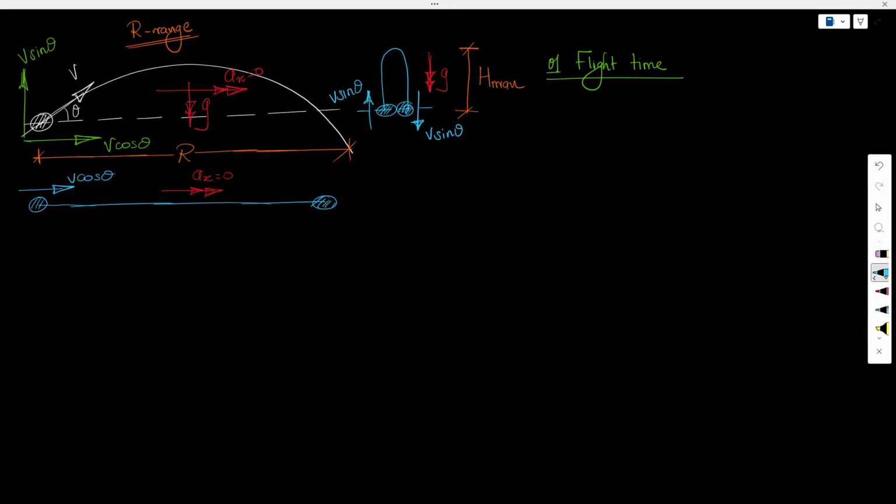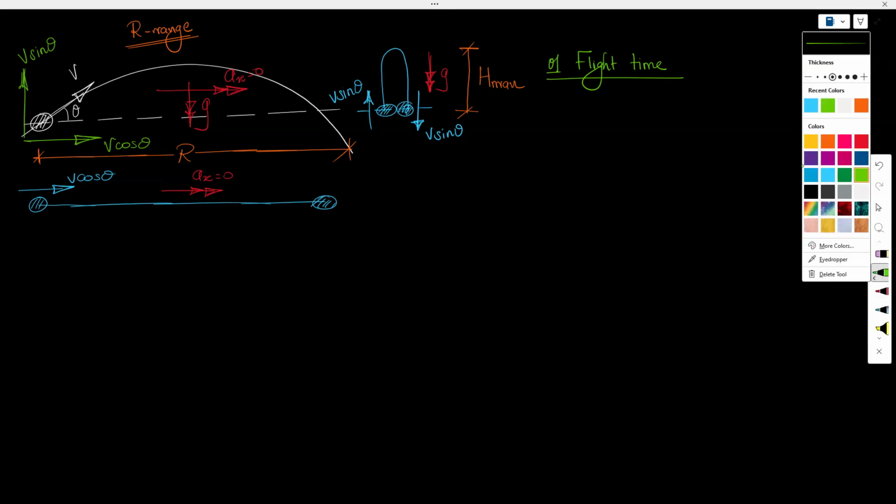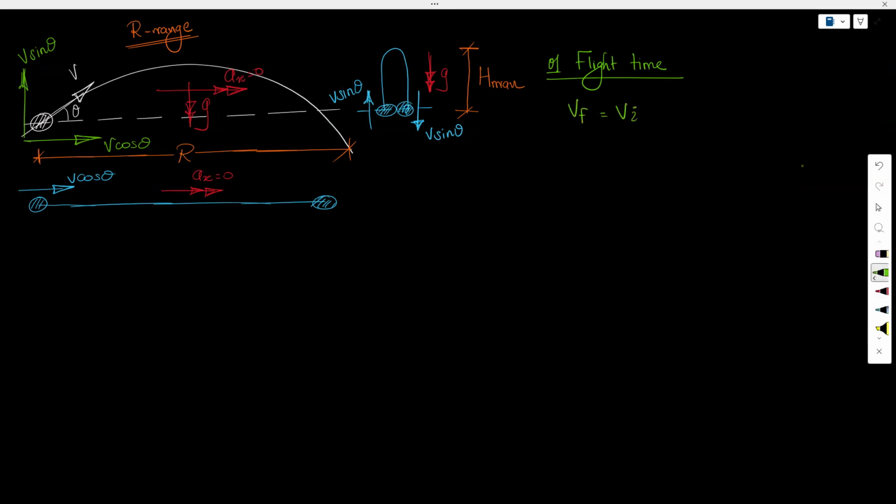So I'm going to use this equation: final velocity is equal to initial velocity plus the change in velocity, in the upward direction from the start to the point B, which is A to B.